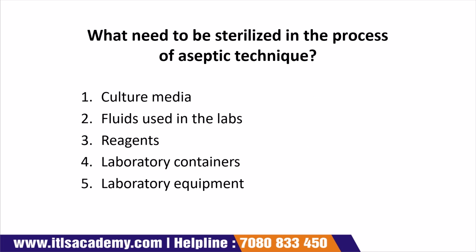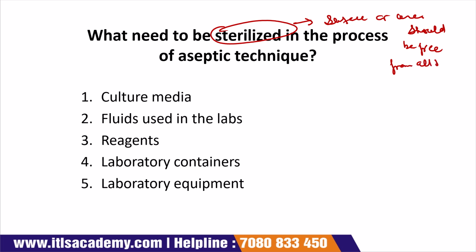Now what needs to be sterile in the process of aseptic technique when we are performing aseptic techniques? What type of instruments, what type of glassware do we have to sterilize? Again, sterilization means that the particular surface or area should be free from all types of microorganisms.